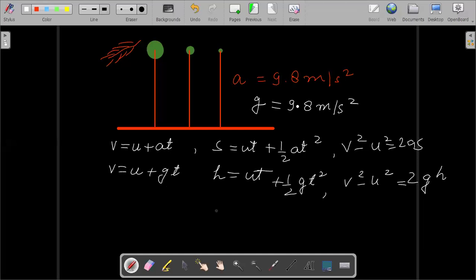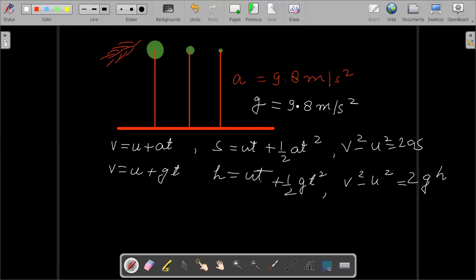The second equation is now H equals UT plus 1 by 2 GT squared. And the third equation becomes V squared minus U squared equals 2GH. Now there will also be a change during the upward motion and during the downward motion.